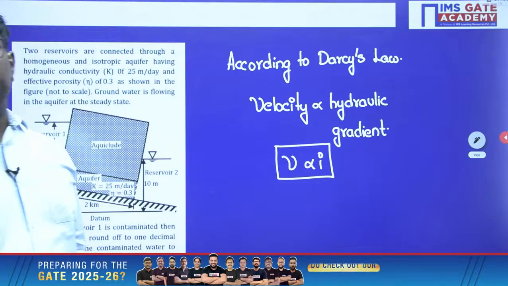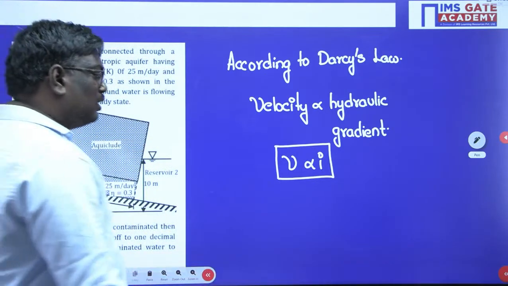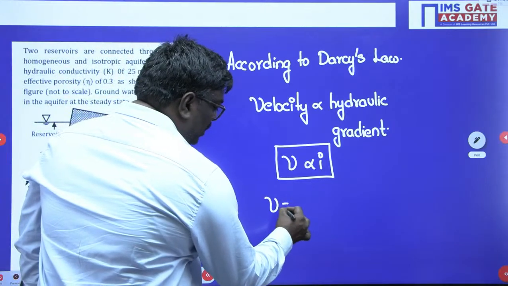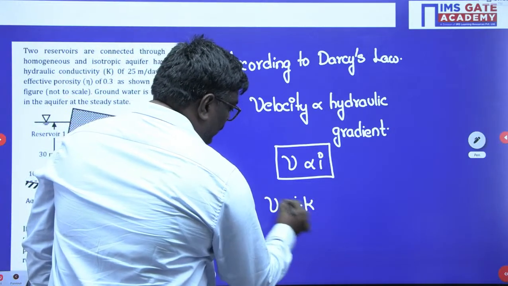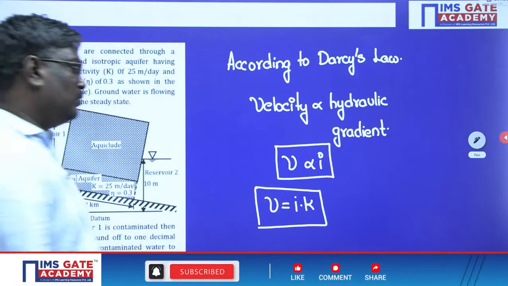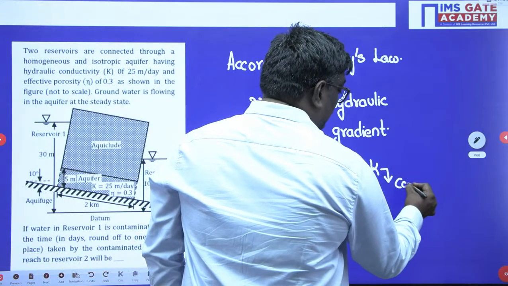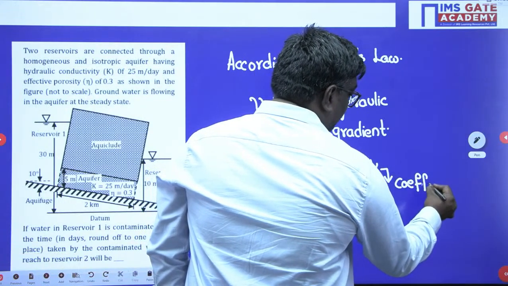Now if X is proportional to Y, you write X is equal to some constant times Y. So you will write this equation as velocity is equal to K into I. What is K? K is nothing but the coefficient of permeability.